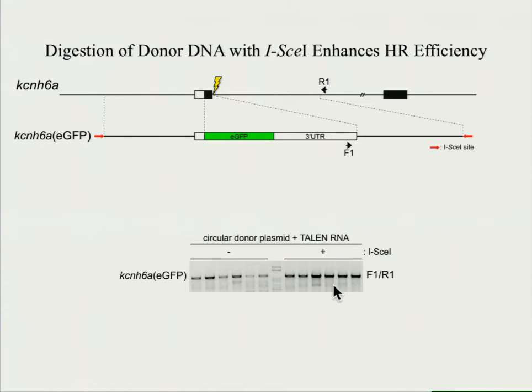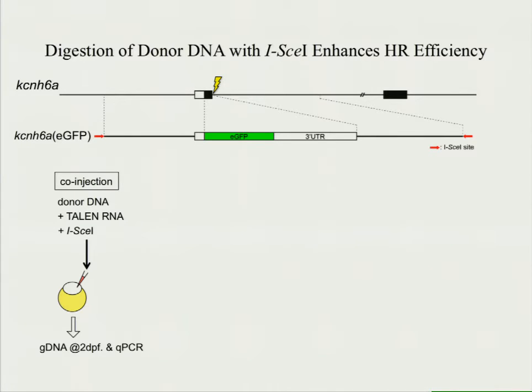We tried to measure this enhancement more quantitatively by qPCR. Again, this donor DNA was injected with TALEN RNA and ICE1, and then the individual embryos were analyzed by qPCR with these recombinant-specific primers and normalized with control primers.